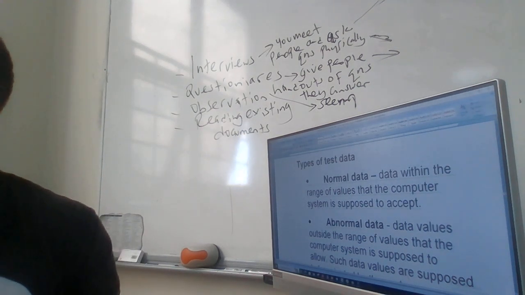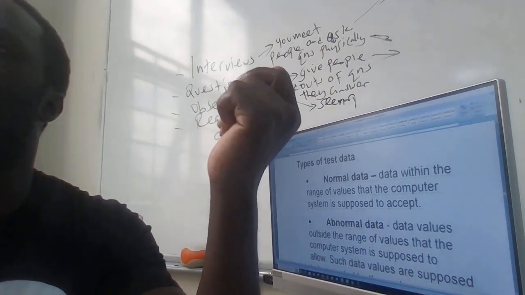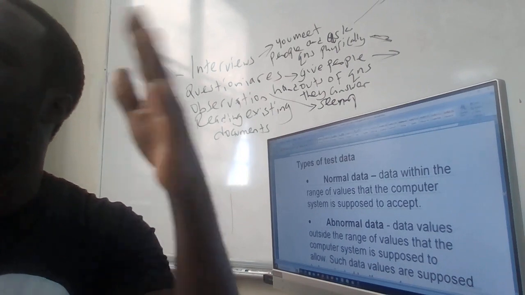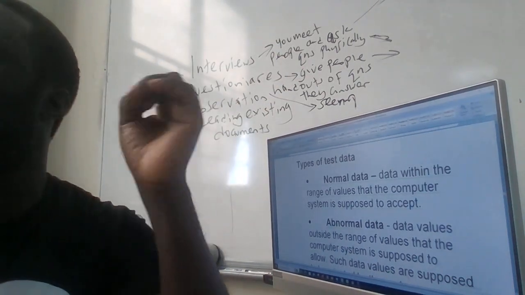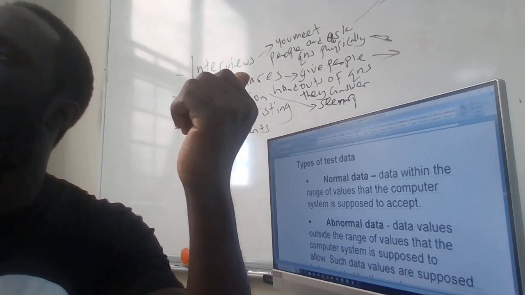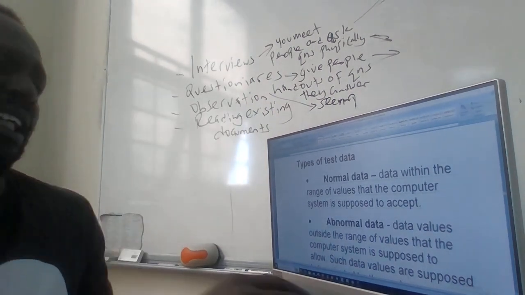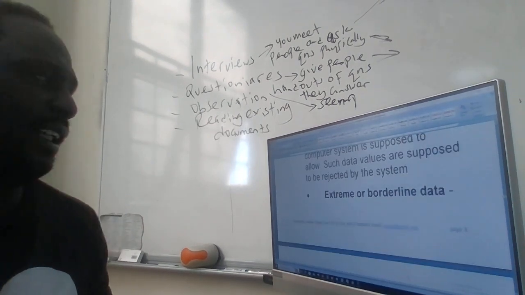Anything above 100 also becomes abnormal data. Values like 25, 80, 20, 19, which are in the range of 0 and 100, are called normal data because they are accepted. Then we have extreme data, or borderline data.